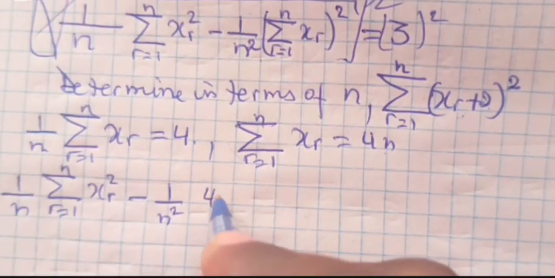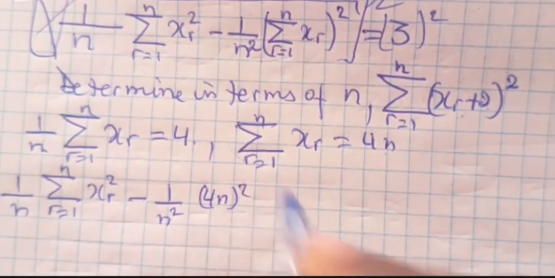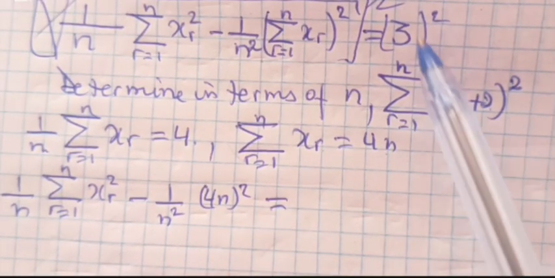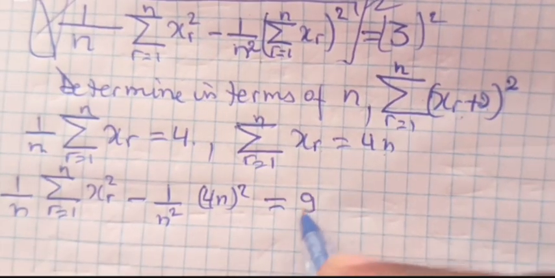Here is 4n squared, and this will be 3 squared, which is 9, guys.